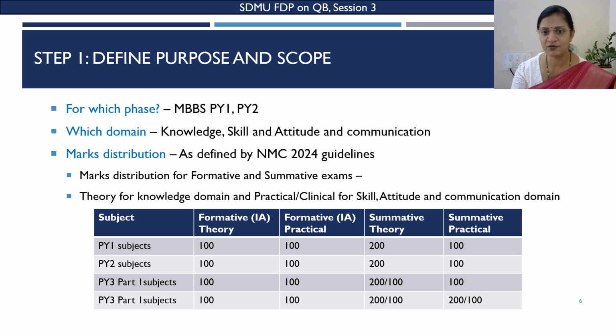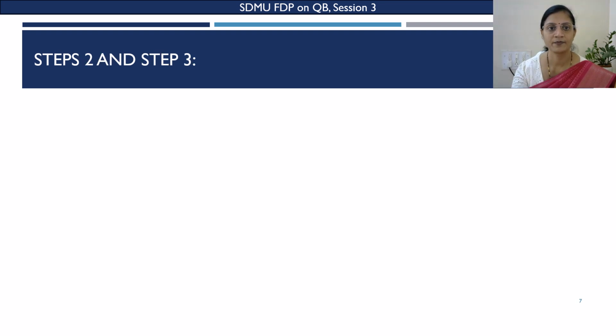Similarly, in some of the subjects we have little more practicals of 200 marks each. So this is already well defined by NMC. We need not again redefine it, but however, formative assessment 100, how we are going to calculate 100, how we are going to subdivide the formative assessment into different internal assessments or continuous assessment, that has to be planned.